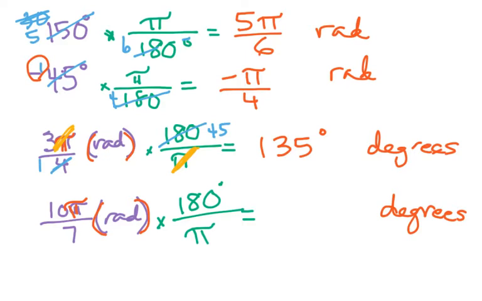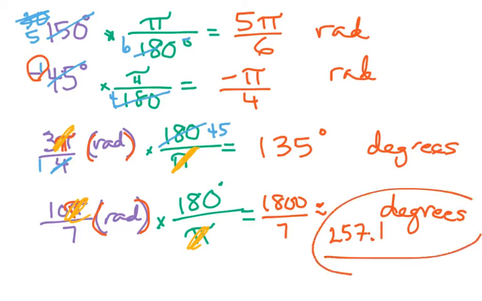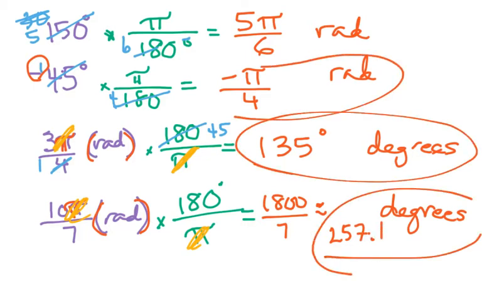This will be 180 times 10, except my pi's cancel. So 180 times 10 is 1800 over 7. I'm just going to get an approximate answer, which is okay, 257.1 degrees. And that's how you convert.